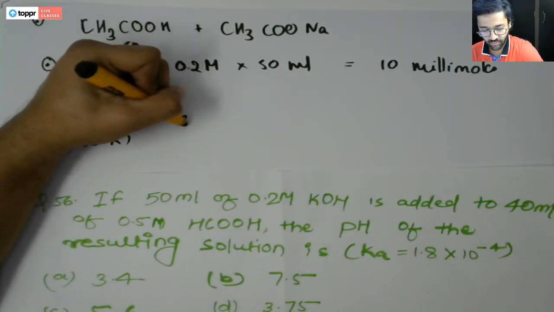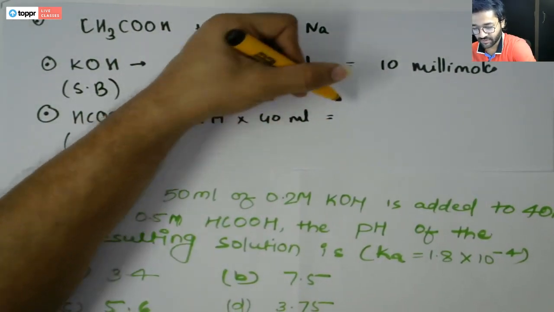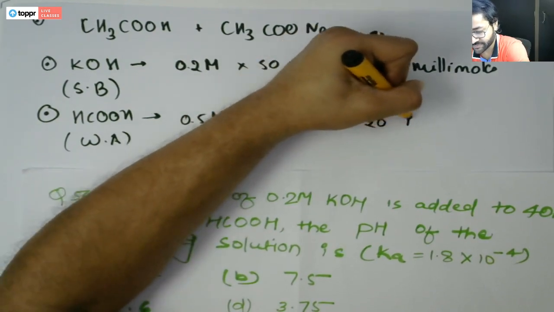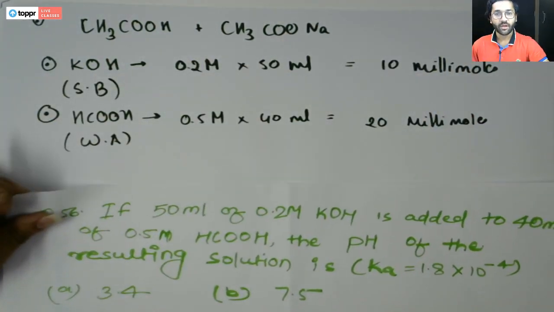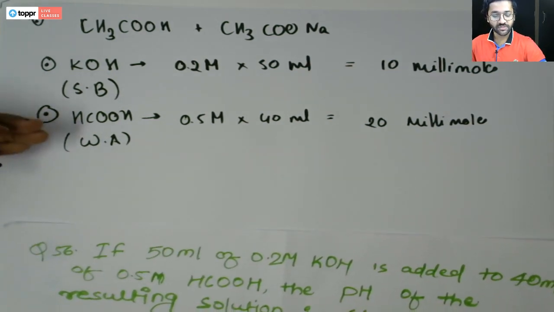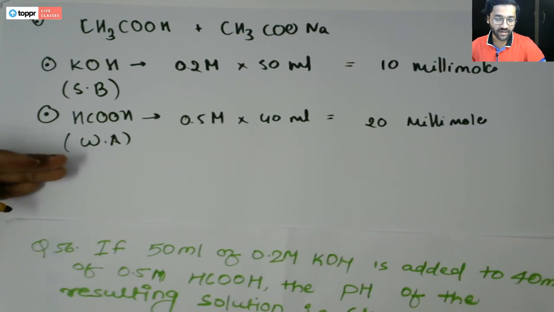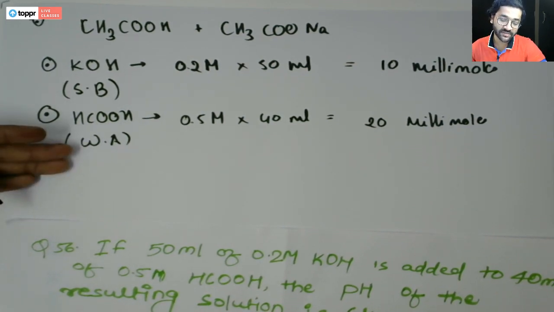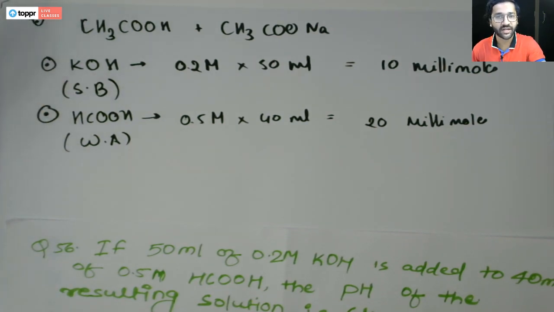This is 0.5 M in 40 ml, that is 20 millimoles. Now this weak acid and this strong base are in the same vessel, and we know that a base and an acid react to give us a salt and water. That is a simple neutralization reaction.